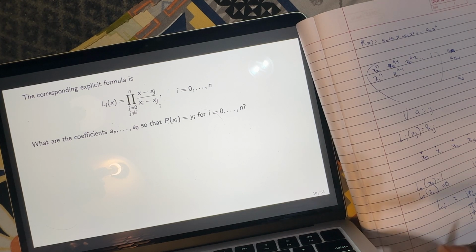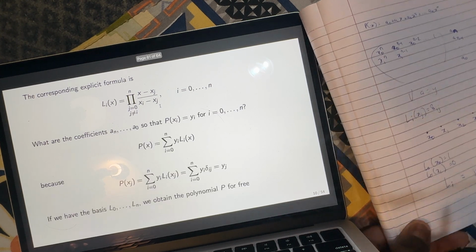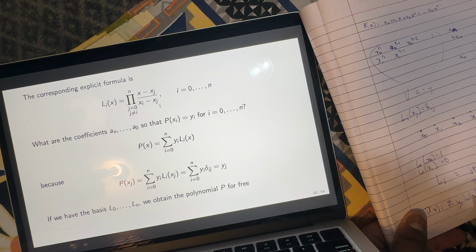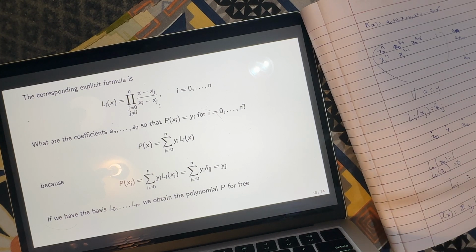So what are the coefficients for this Lagrange polynomial? The coefficients are just the function values, right? P of x is the sum of yi Li of x. Because at xi this is 1 and all the other basis polynomials are 0, so it's yi. That's correct.